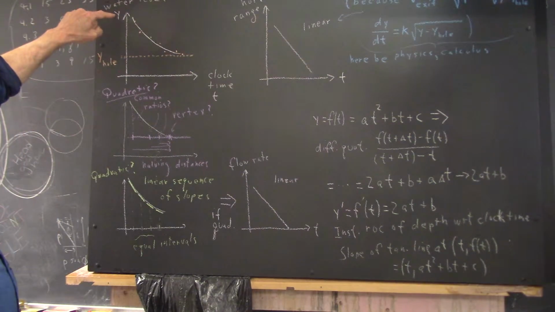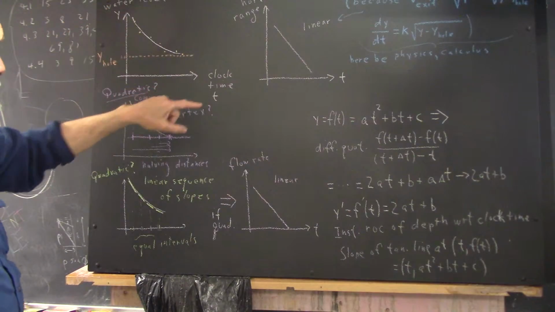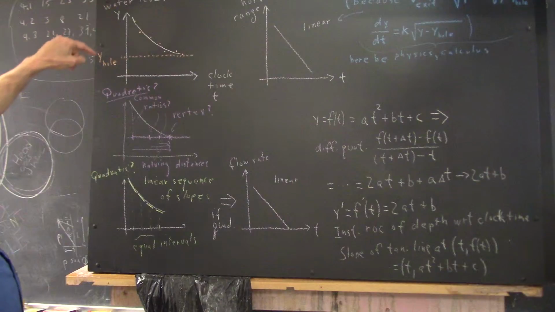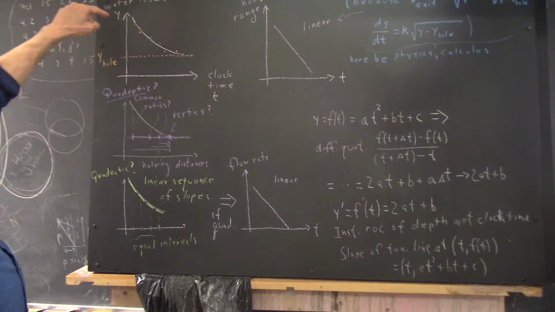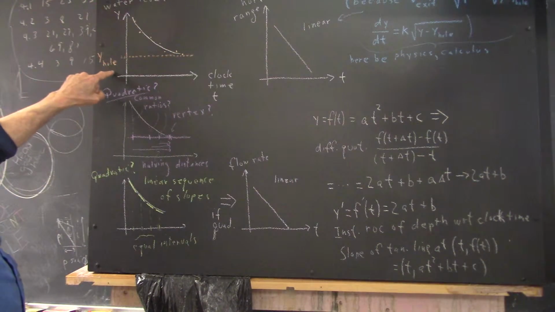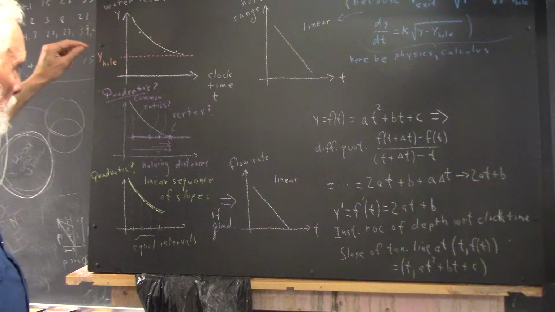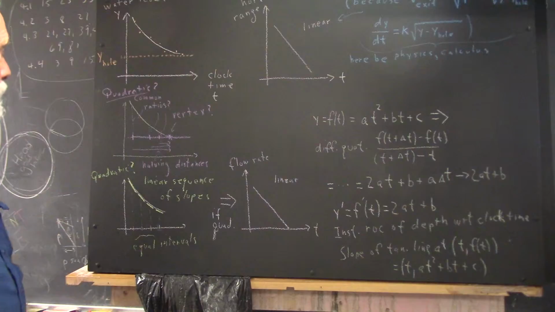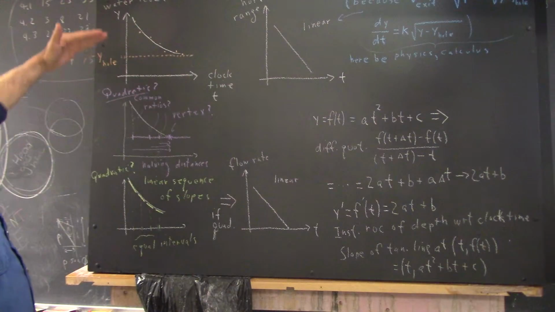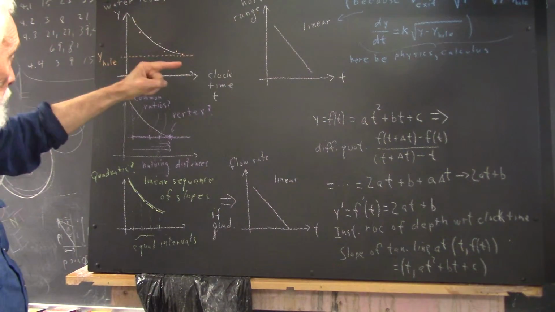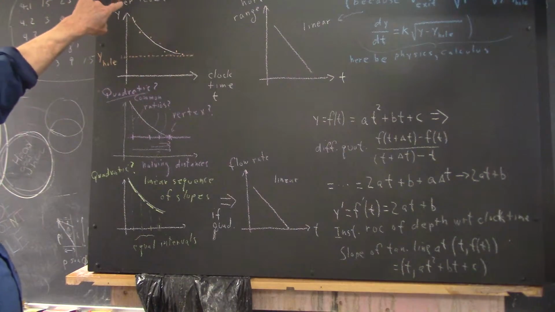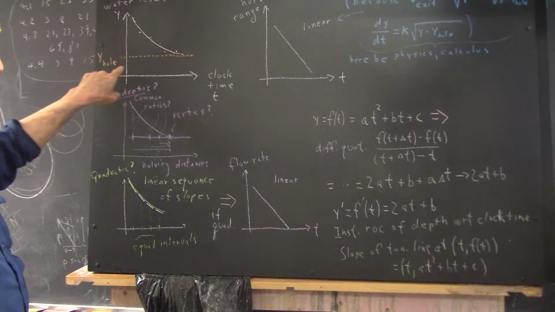So, if this is your depth versus clock time, there is some depth or vertical position, water level. The water level, the level of the hole, the level of the water when the water stops flowing out of the container, when the water level drops to that of the outflow hole. So, obviously, the water level is going to stop when it gets here.